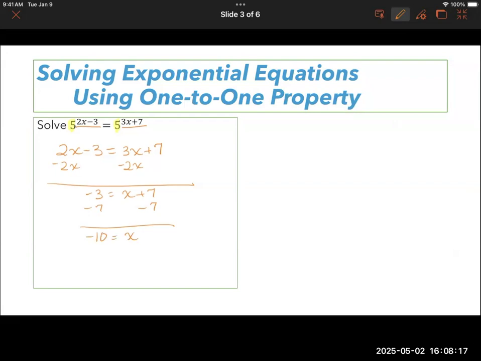Now, it's always a good idea to put your solutions back into your original equation to make sure that they work. Although with exponential equations, there's not as much concern about them working, because remember back when we were graphing in our previous lesson, exponential functions have a domain of all real numbers.